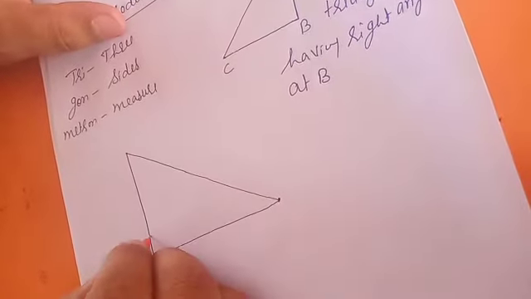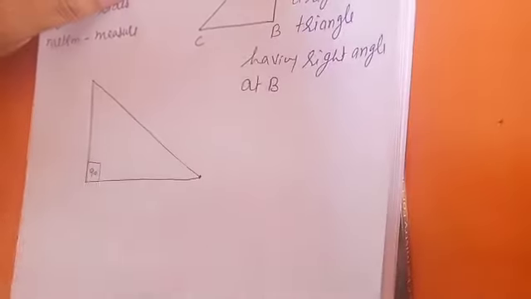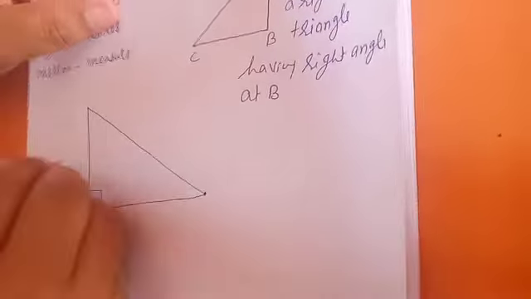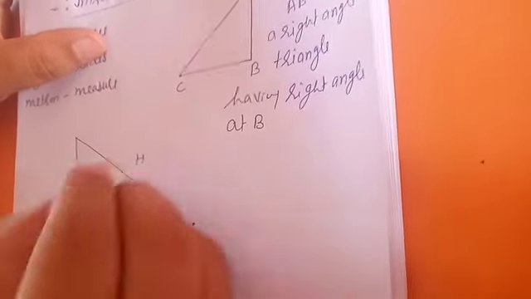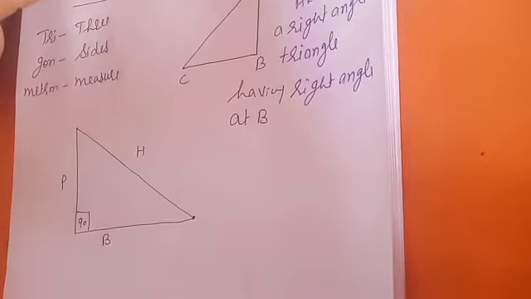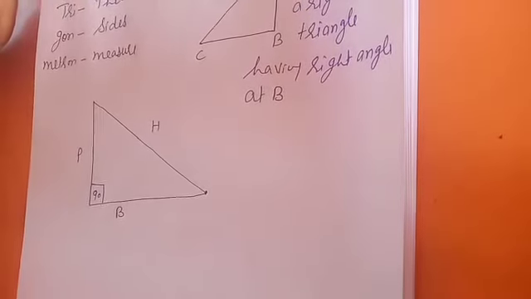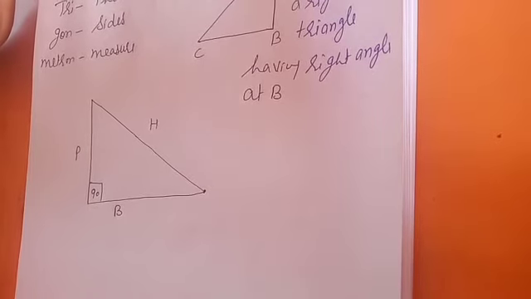Does this angle become a right angle? This is the base, this is the perpendicular. Is it possible to measure the height of the Qutub Minar without actually measuring it?